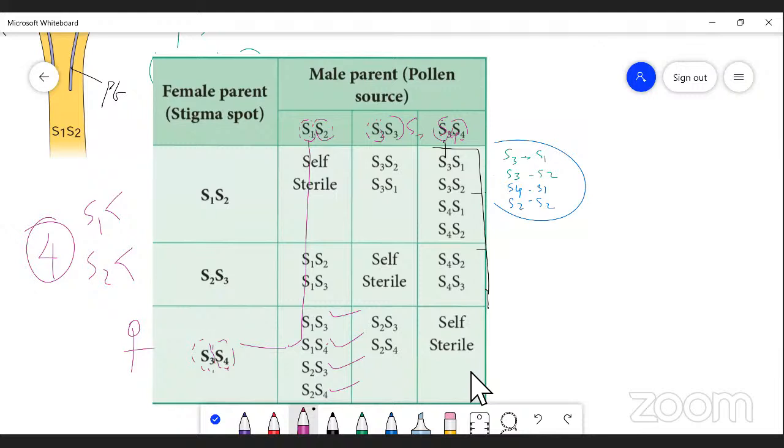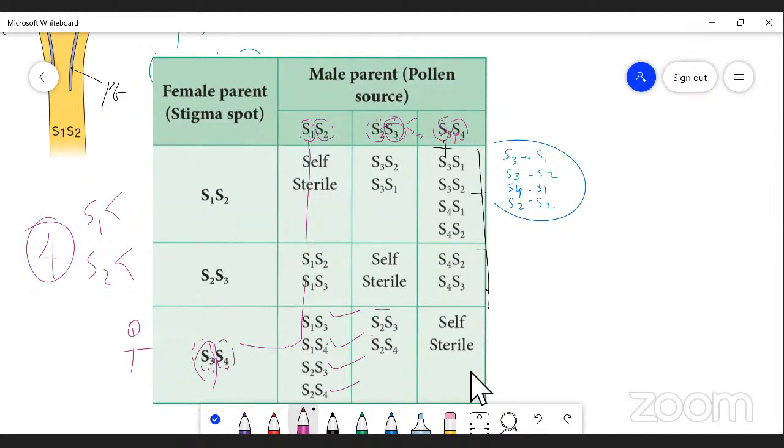And let us take S2, S3 with S3, S4, and you find here that S3 is common, so S3 of the male and S3 of the female gamete are not involved in such a case. So here S2, S3 and S2, S4, another gamete is formed.